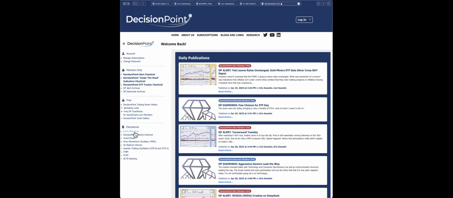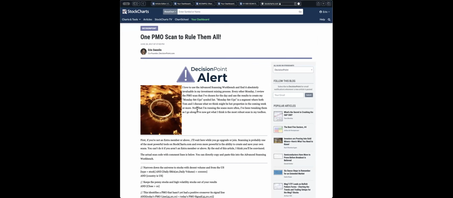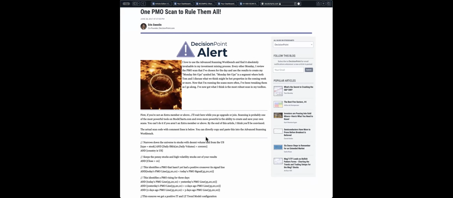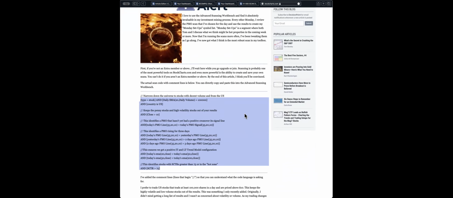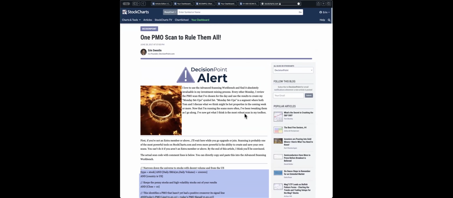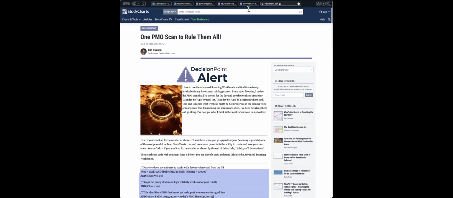And at the very top of our educational list, you'll find my PMO scan. You can click there. This will bring up the blog that I wrote, and you can see that inside of it is the scan code that you can just copy and paste into the scan workbench, or you can use it for whatever scan program you have. So this is where you can find it.